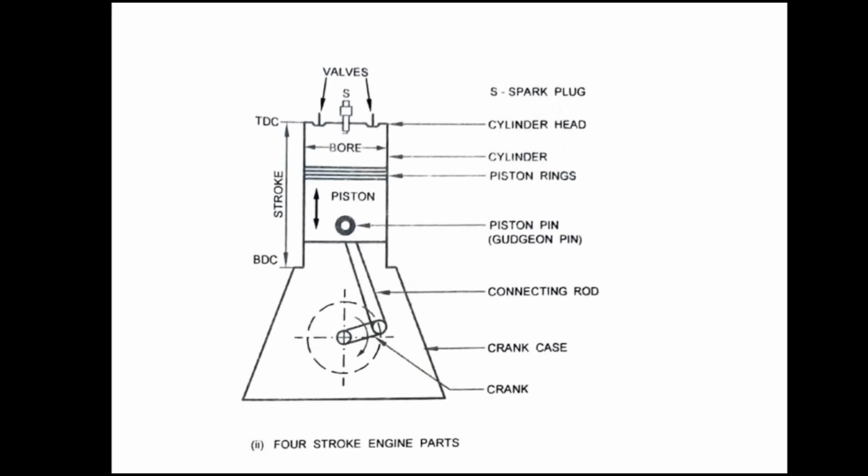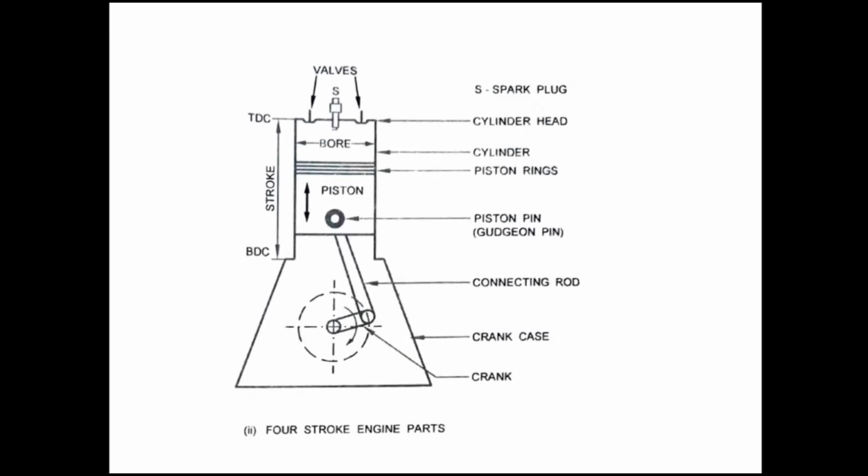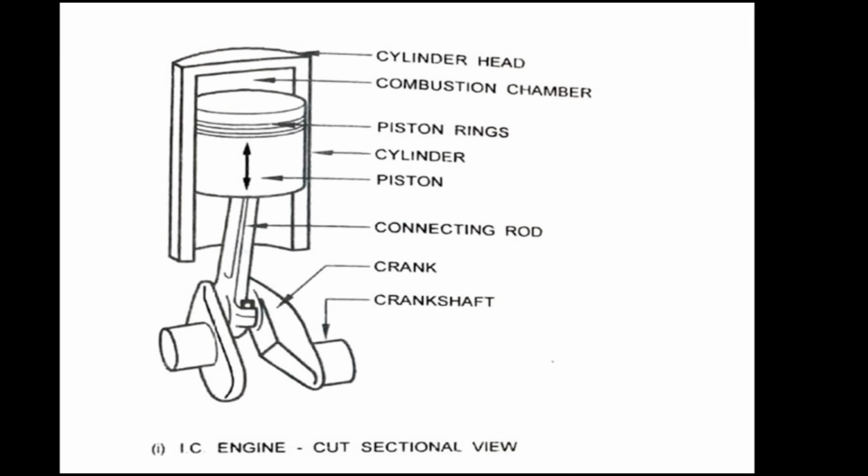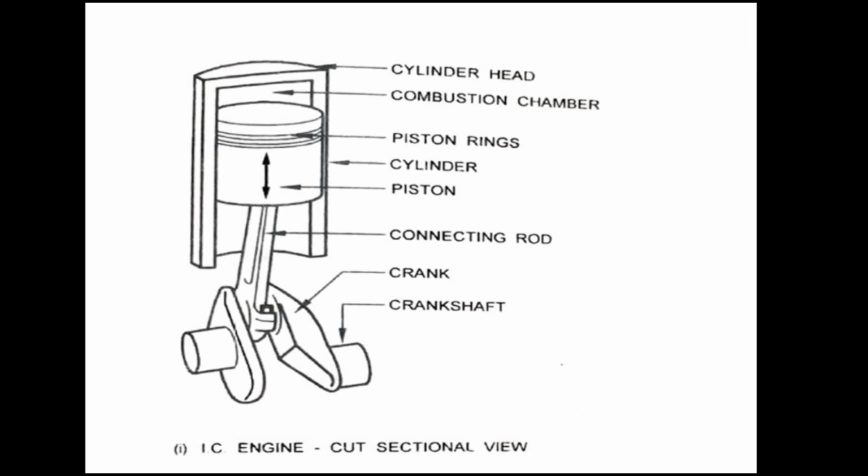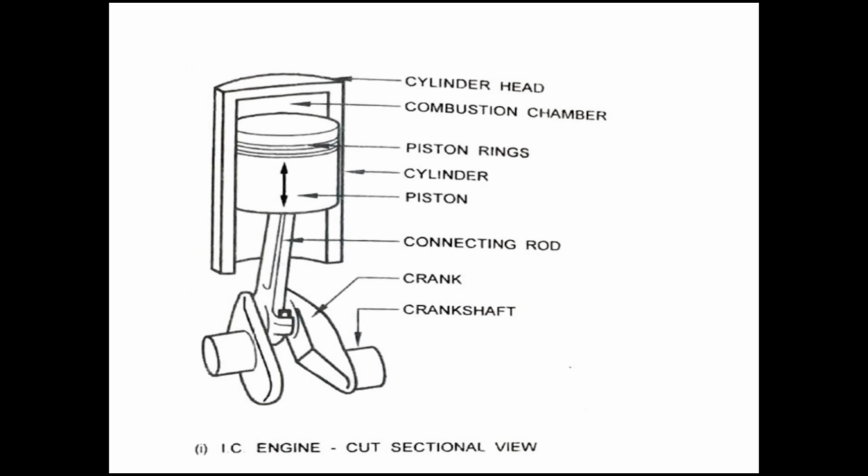The internal combustion engine cut sectional view shows the following parts: cylinder head, combustion chamber, piston rings, cylinder, piston, connecting rod, crank, crankshaft. 4-stroke engine parts diagram.